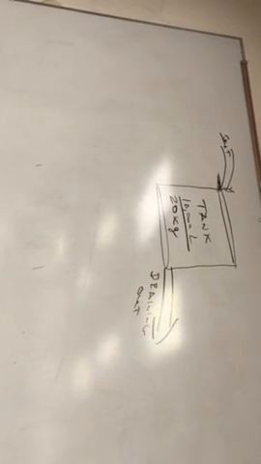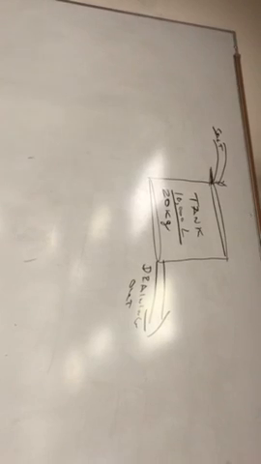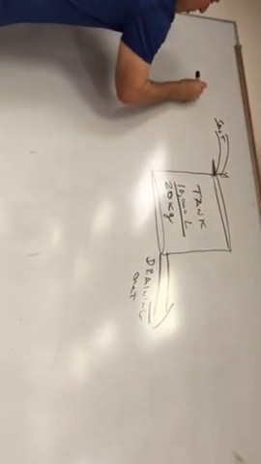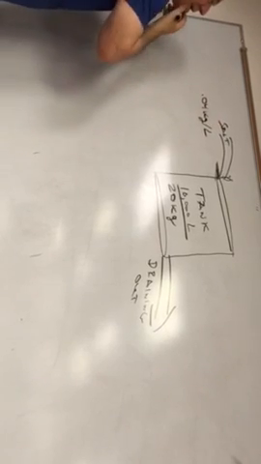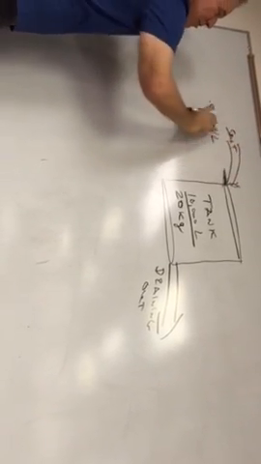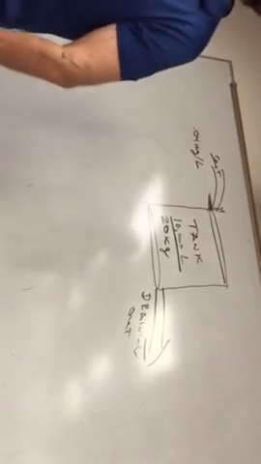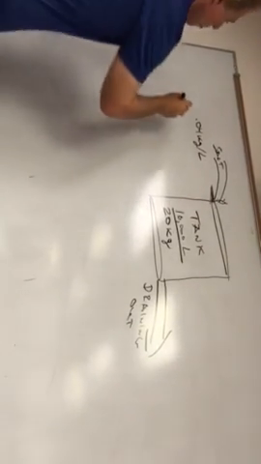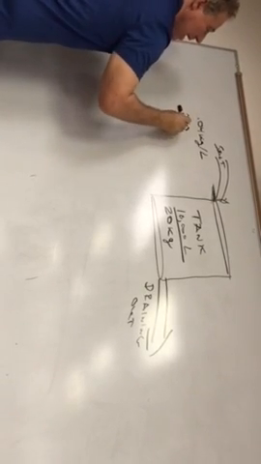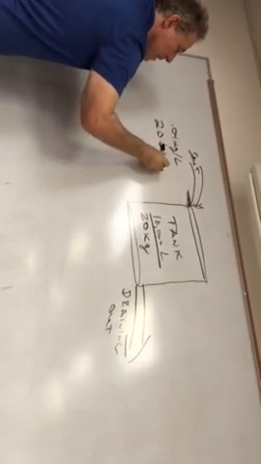So they give you the density, 0.04 kilograms per liter. That's coming in, and the solution rate is 20 liters per minute. So the brine is flowing in at 20 liters per minute.